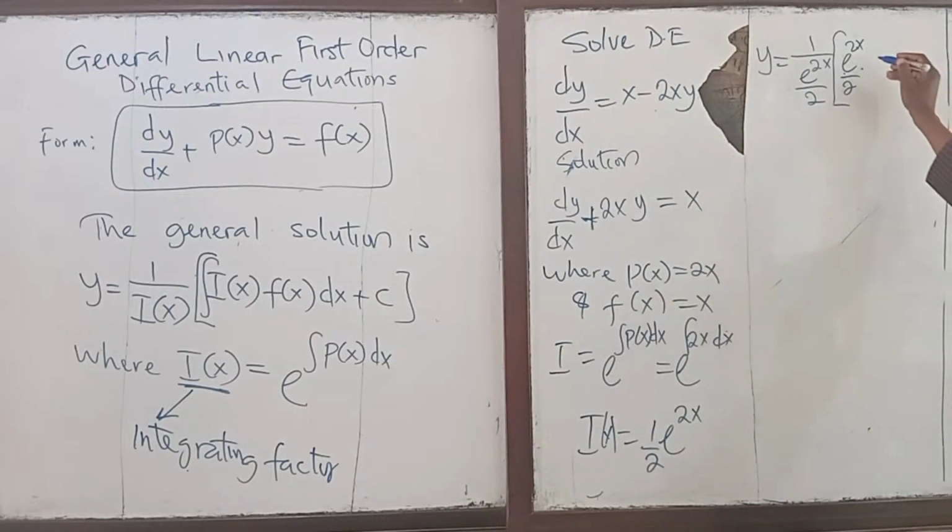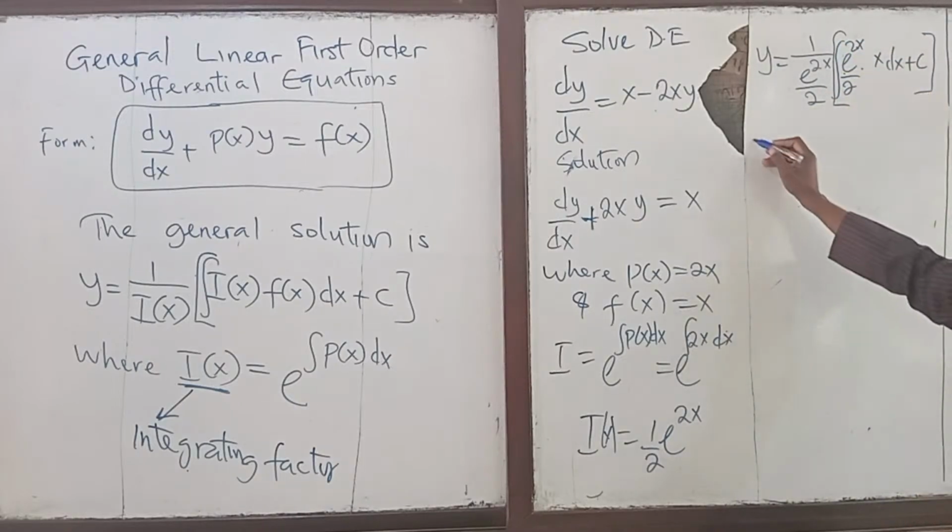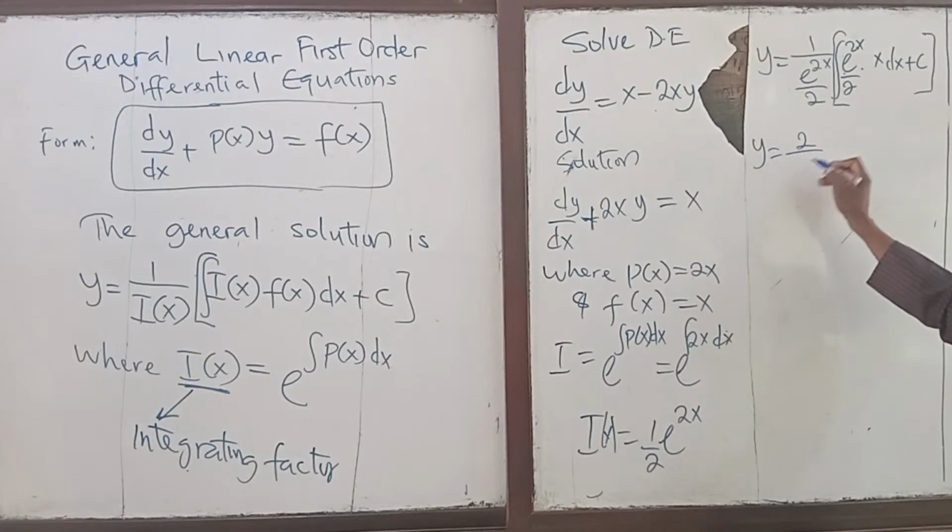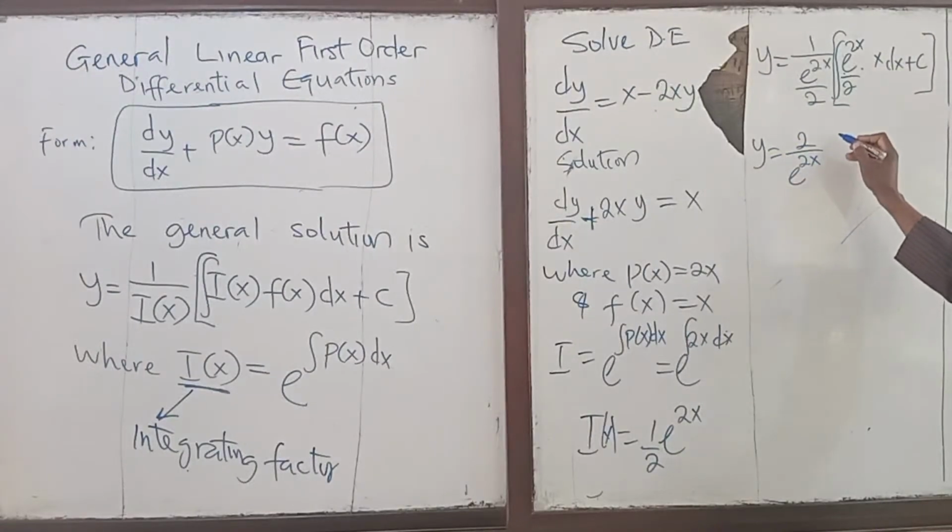My f of x is x, dx, and then plus c. Don't forget your integral sign, and then close the brackets. And y will be equal to 2 over e to the power 2x. Then the integral sign. We can take the two outside the integral sign, and that will be the integral of x e to the power 2x dx plus c.